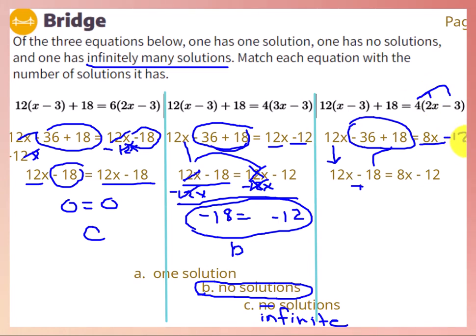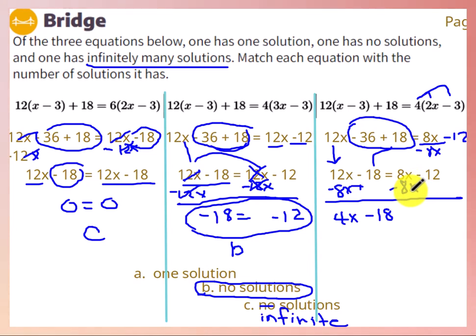That's missing. Alright, so let me start by subtracting 8x from both sides. Subtract 8x. 12 minus 8 is 4x. We still have the minus 18. Subtracting 8x from the right-hand side, which is what I was trying to do.